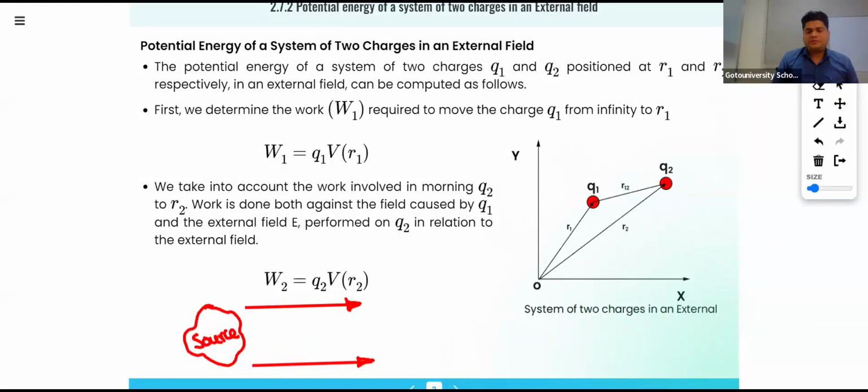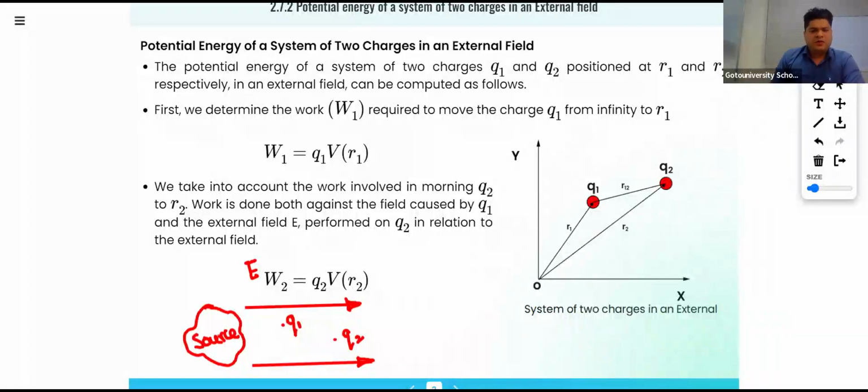E. In this we have two charges, charge q1 and charge q2.